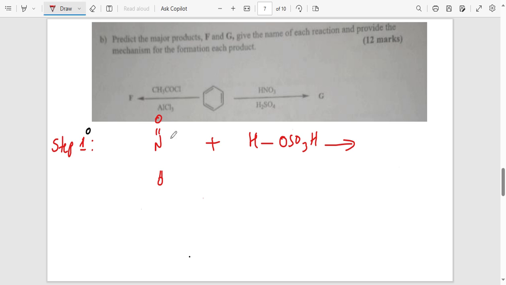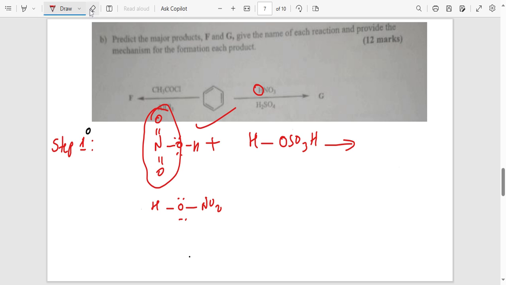And then the hydrogen here is bonded to another oxygen as OH, like this. This is what I wanted to leave out. If you don't want to write it like this, you have got a choice to write it in an easy way. You can just write H bonded to O and then NO2. You can also write like this because this is the NO2 here. But this structure is going to be necessary at the end other than this other one which I've written down.